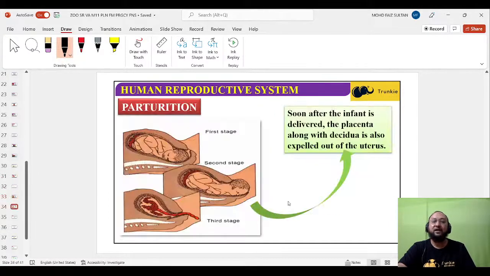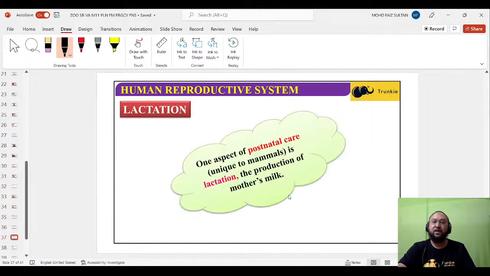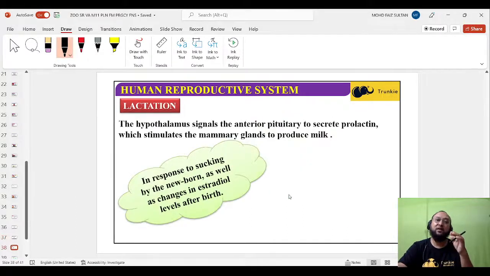Okay, and after expulsion of the fetus, lactation is another process which is important for feeding the newborn baby, because the only food that can be given is the mother's milk. So this is all natural mechanism, and different hormones are involved in these mechanisms.